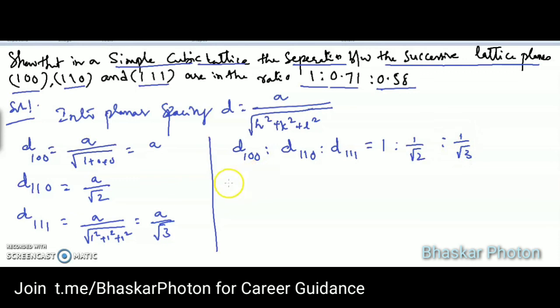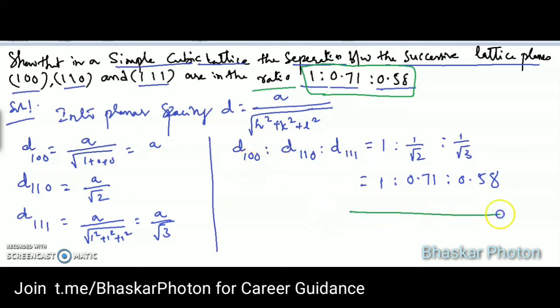So it is like this. If you do simplification further, 1 by root 2 is nothing but 0.71. Then 1 by root 3 is nothing but 0.58. So this is what is actually asked. You have to show this one. For a simple cubic, you should have this ratio for different planes. So that is what we have proved.